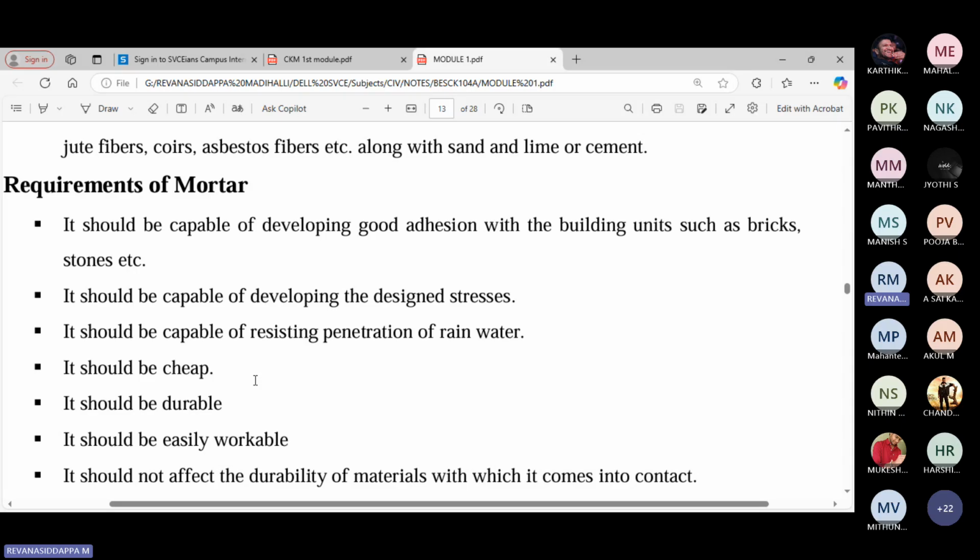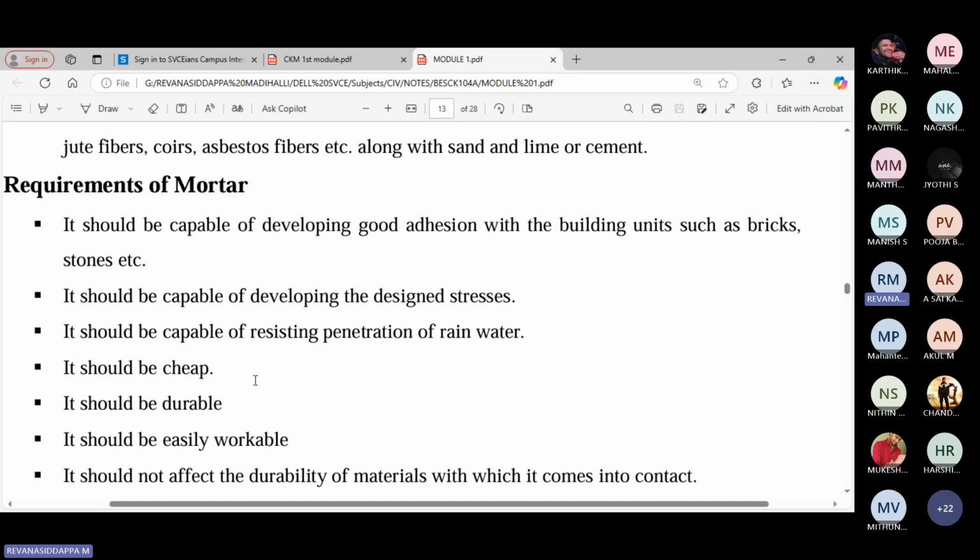Even the self weight of the masonry will be there. Therefore, the mortar which you are using should be capable of handling that load. It should not undergo any cracking. The crack should not develop due to the load that is acting on the masonry, or the load that is acting on the mortar.